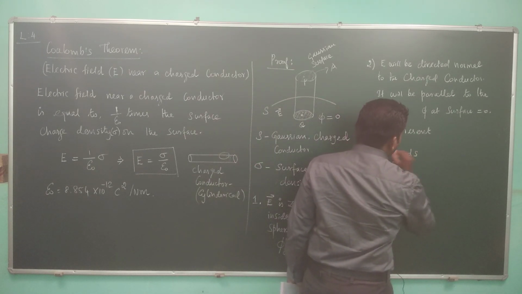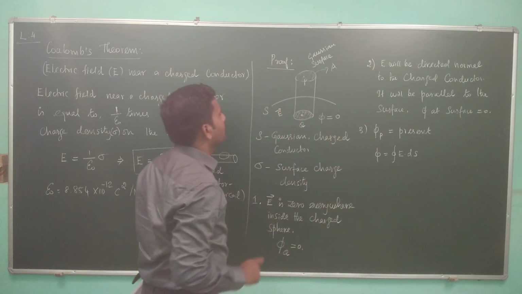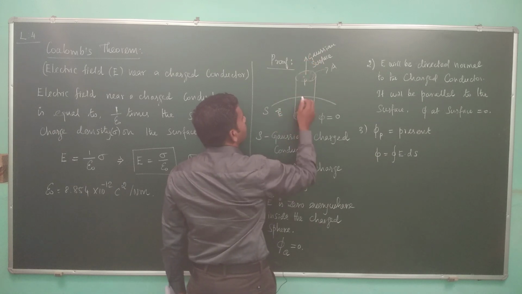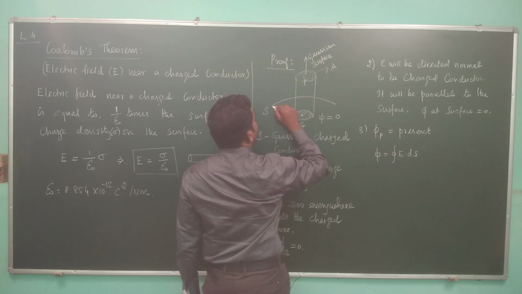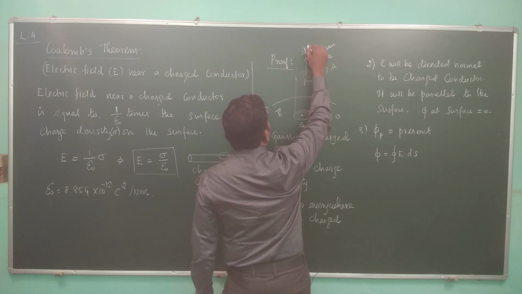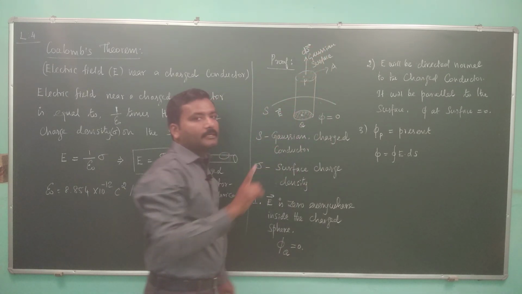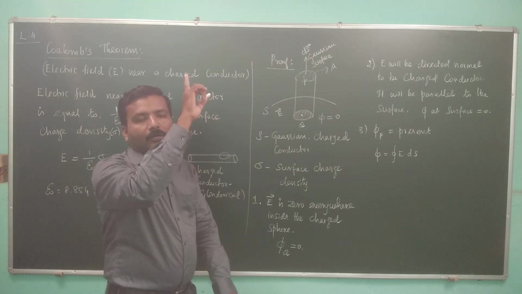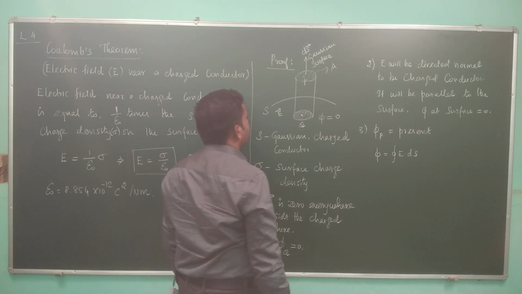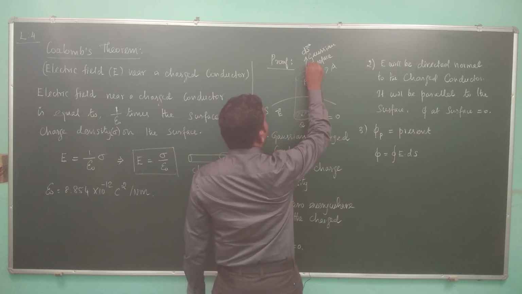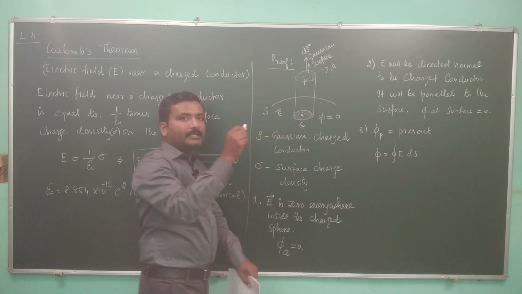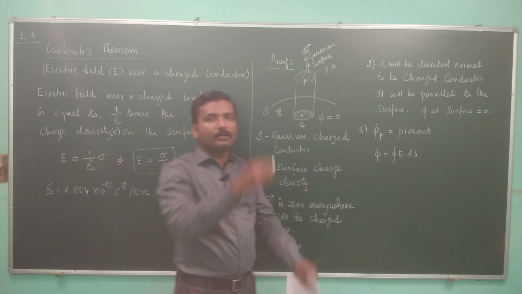integral of E dot ds. If we consider this surface, ds is the normal to the cross-sectional area. This is the surface component, and the electric field component will also lie in this direction, because electric field lines are always directed normal to the conductor.